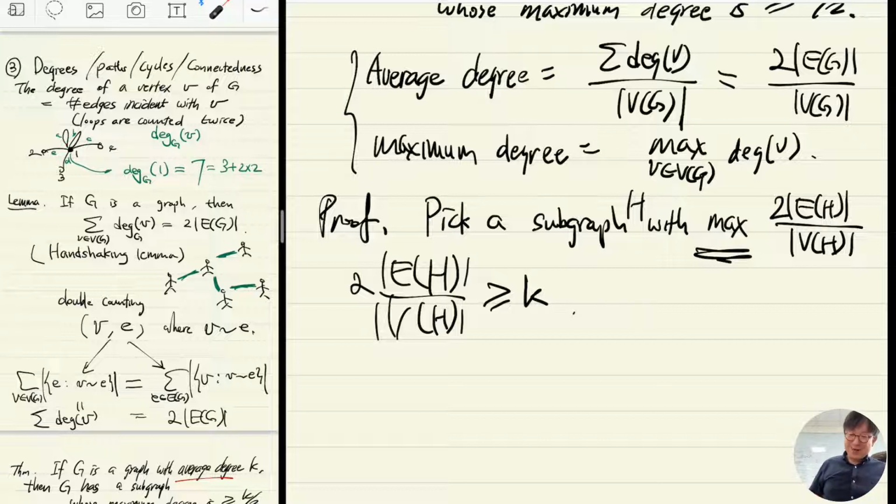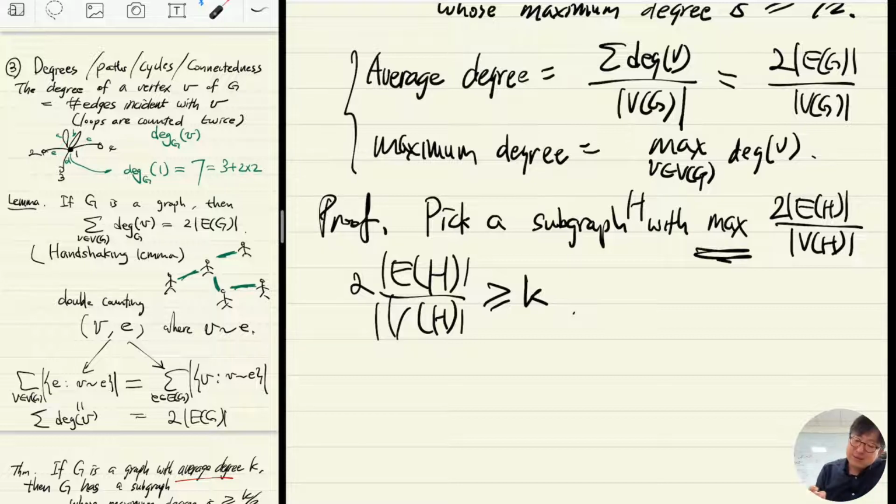This property doesn't hold in the reals, right? You cannot always choose a maximum real in a set of reals. For instance, in the set of negative reals, the maximum doesn't exist. But in this case, we are only dealing with finitely many graphs, so you can find the subgraph H with the maximum average degree.